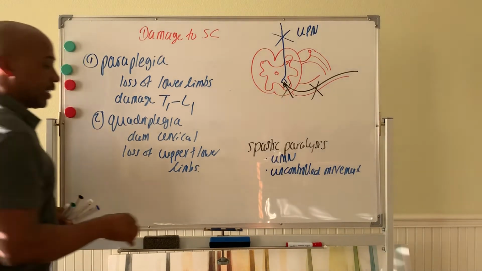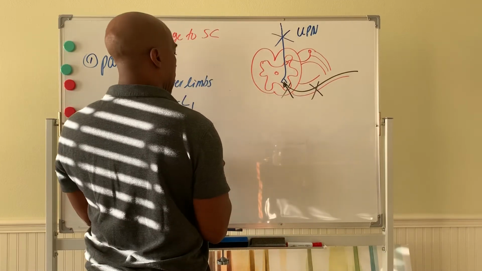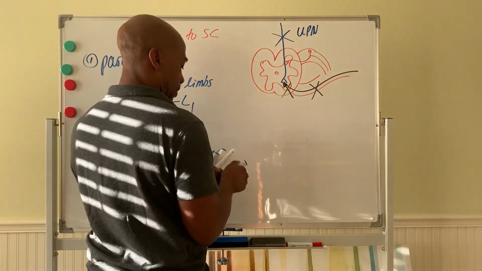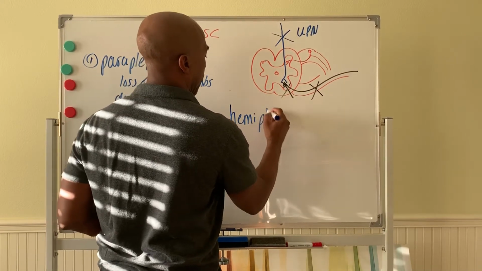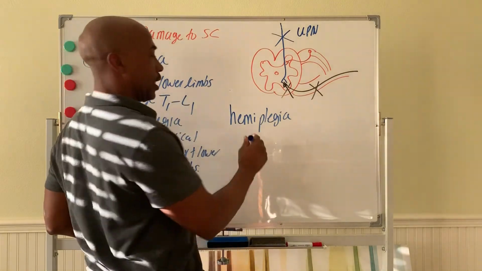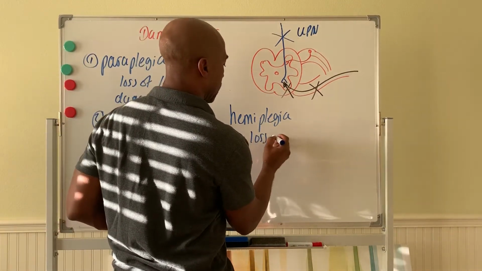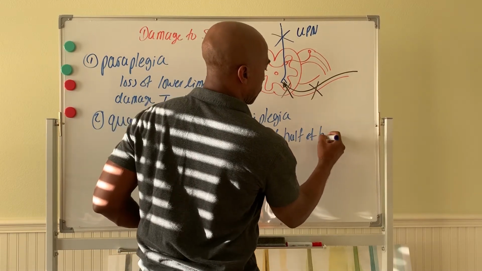And there's another plegia called hemiplegia. In hemiplegia, you have half of the body gone. Okay, so you lose half of the body muscles.